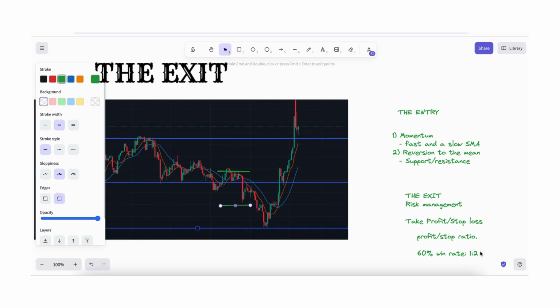So it's not just important to have an entry point with a high win rate. It is also important to have good risk management that takes into account how good your win rate is.